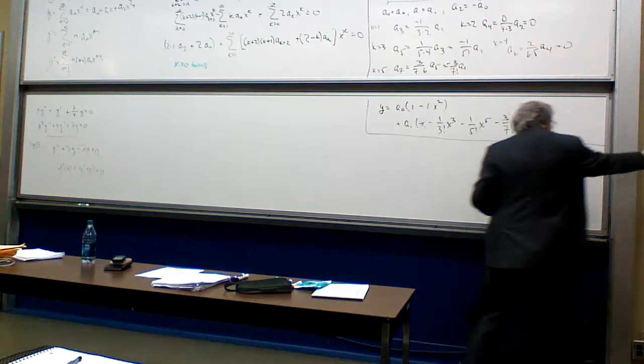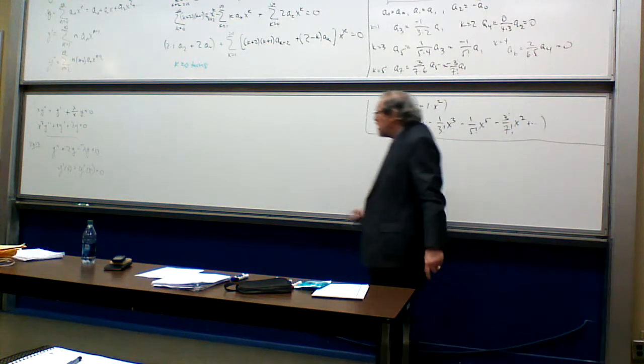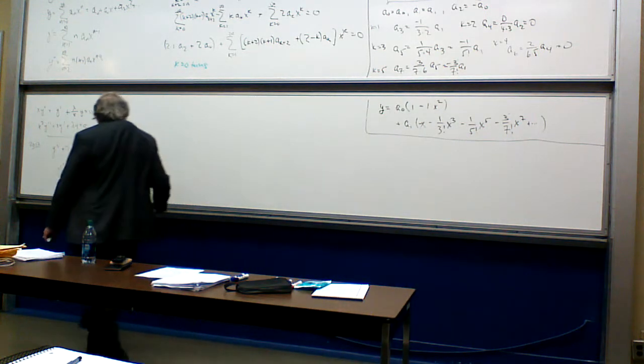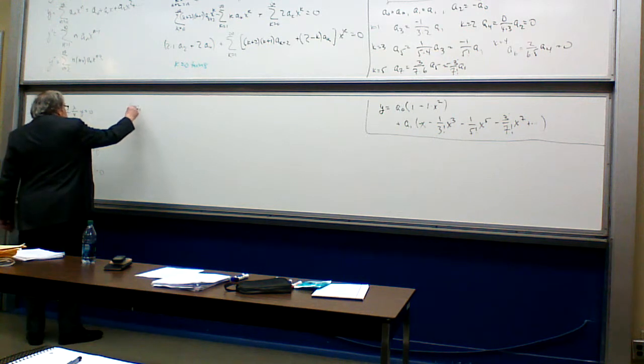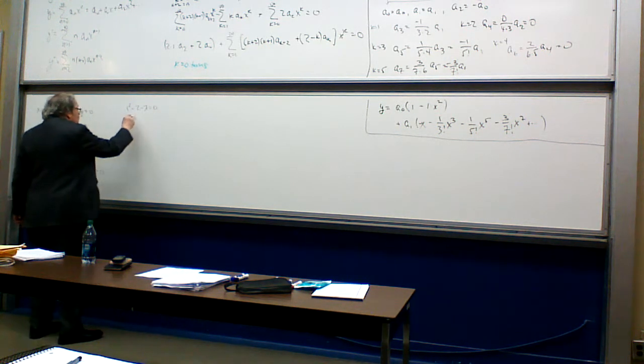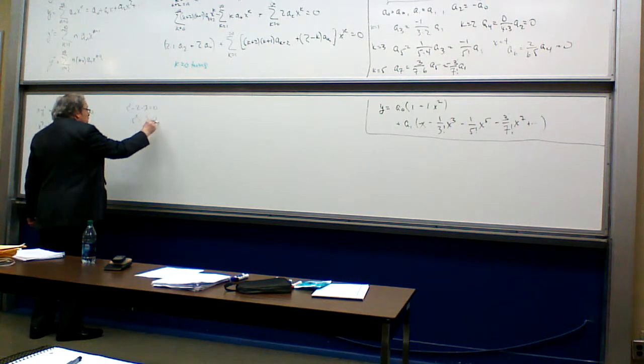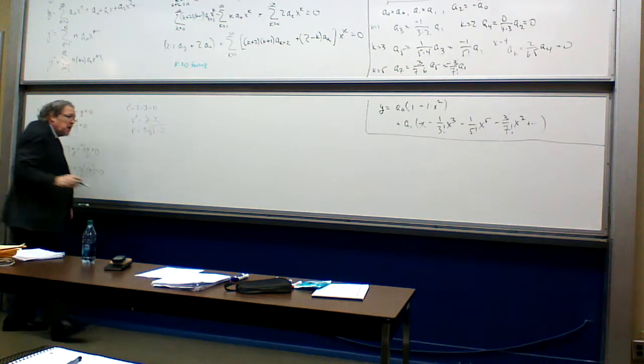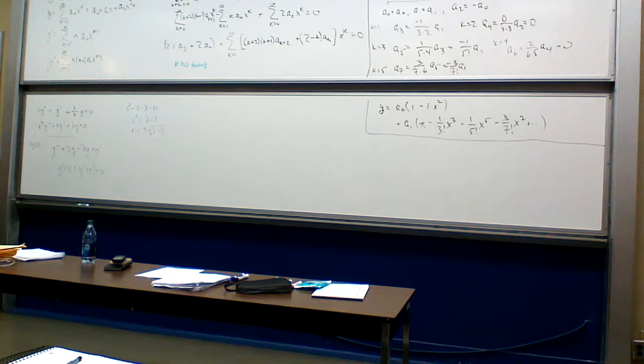So I start out here, it's constant coefficients. I write down the characteristic equation, r squared plus 2 minus lambda equals 0. r squared is lambda minus 2, r is plus or minus the square root of lambda minus 2. And so here you're asked to look at the three cases.